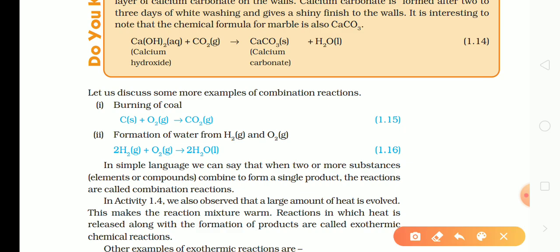When coal is burned in oxygen, on the reactant side you can see two things, carbon and oxygen, and it gives out only a single product, carbon dioxide. And look at the second example, hydrogen and oxygen combine to form water. More than one, in fact two reactants are there and only a single product is there.